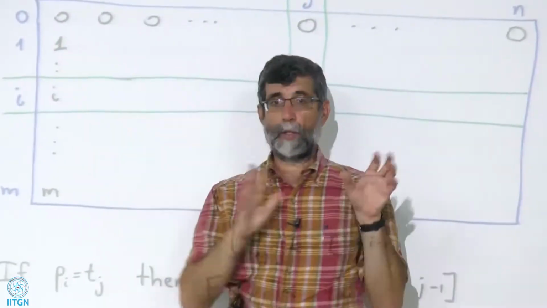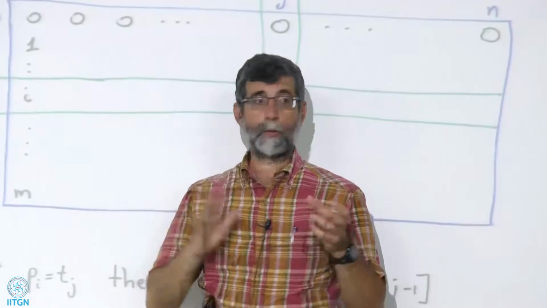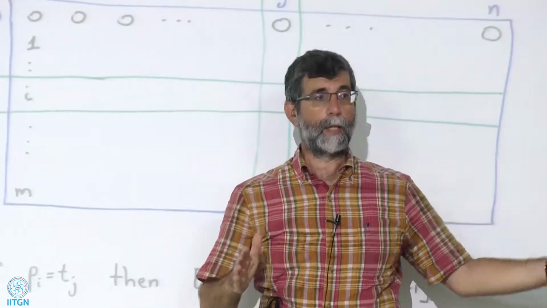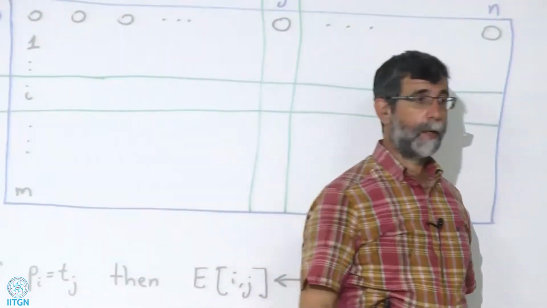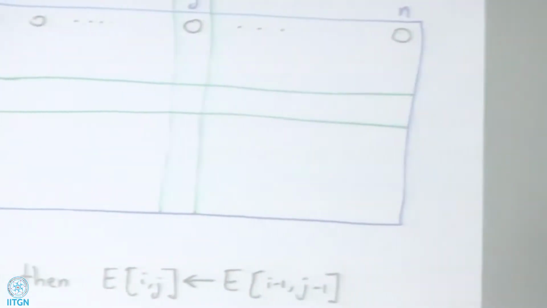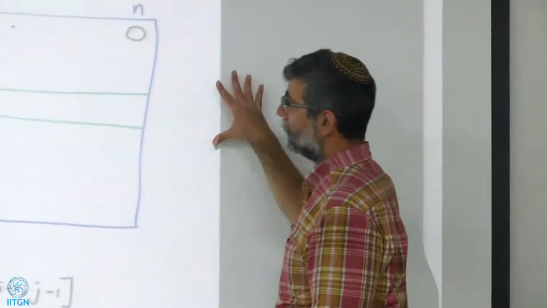If you're trying to stick 2 elements into nothing, then you have 2 errors. And if you're trying to stick the entire pattern in nothingness, then you have m insertions. So that would be the initialization of the leftmost column. That's how we initialize everything.